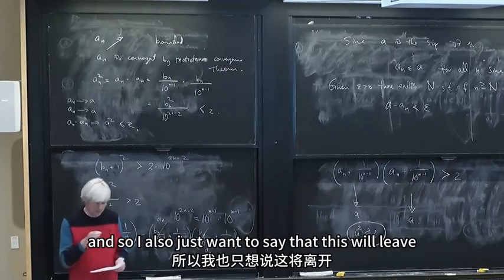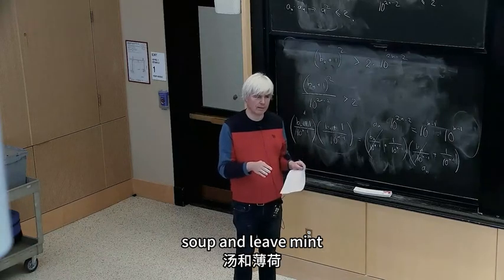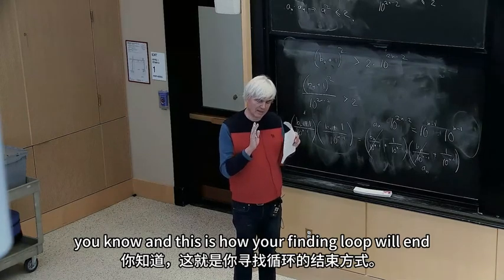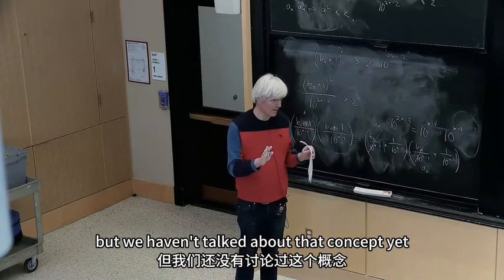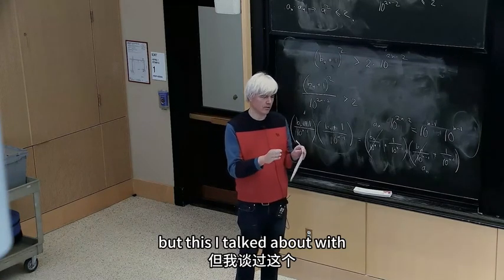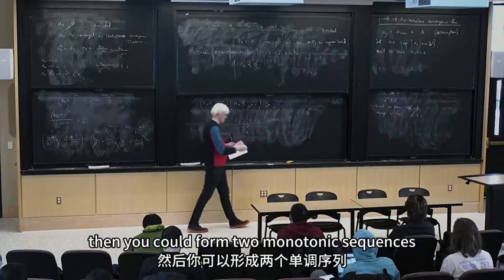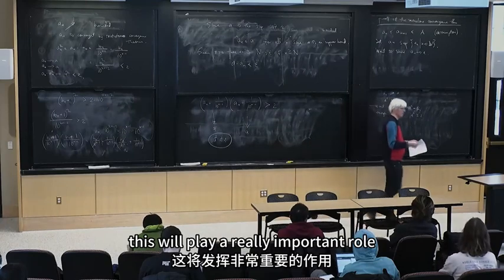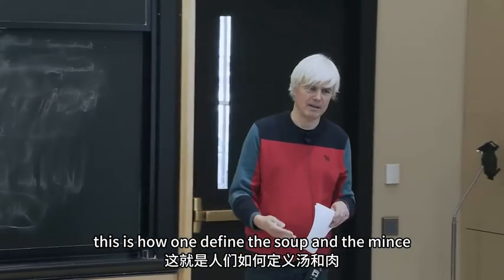Okay, so I also just want to say that this, with lim sup and lim inf, we didn't actually define it, but it is how you define lim sup and lim inf. We haven't talked about that concept yet. But I talked about that if you take a bounded sequence, then you could form 2 monotone sequences. This will play a really important role for several things. This is how one defines lim sup and lim inf.